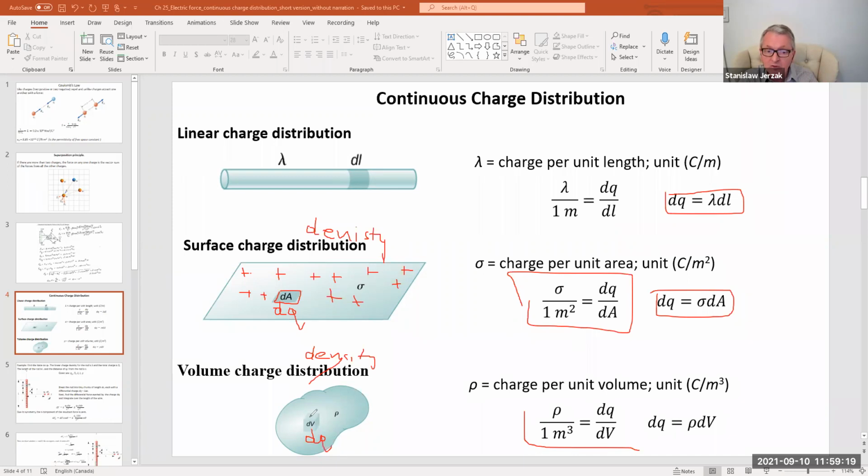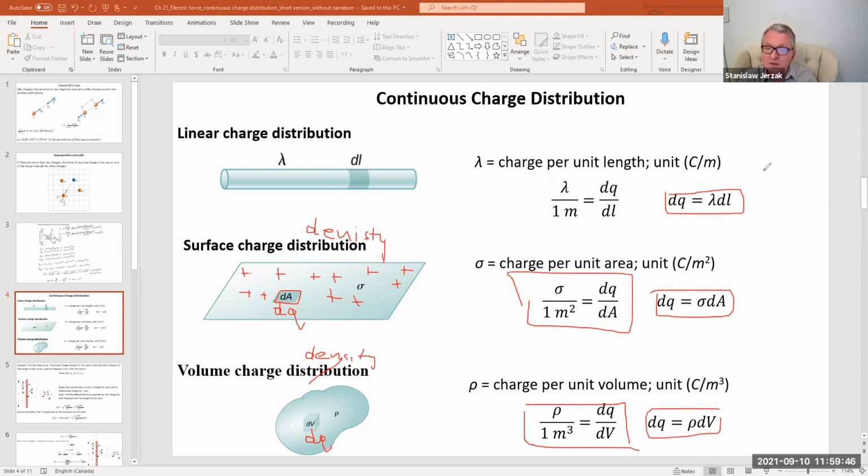So dq is the amount of charge in that volume dv. Then dq to dv must be in the same proportion as rho to 1 meter cubed. And from this proportion, dq is equal to rho times dv. So if rho is coulomb per meter cubed and dv is meter cubed, then dq will be in coulombs. We will be using this relation also in the future.